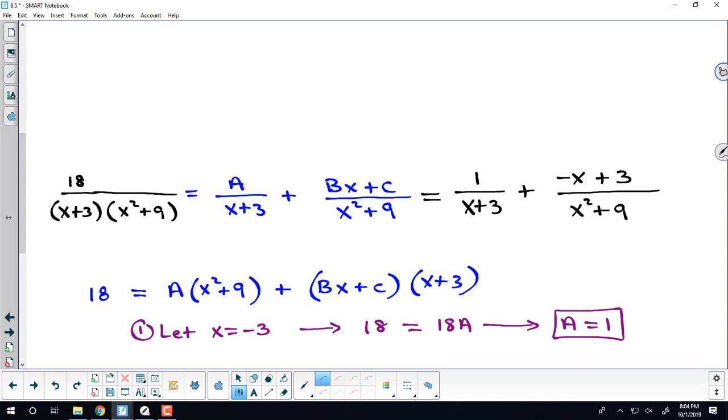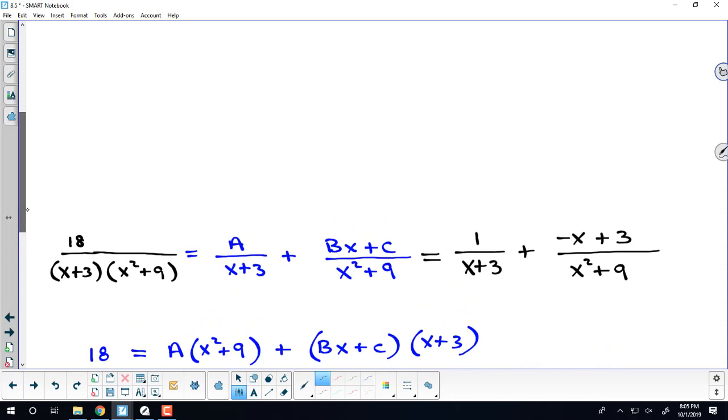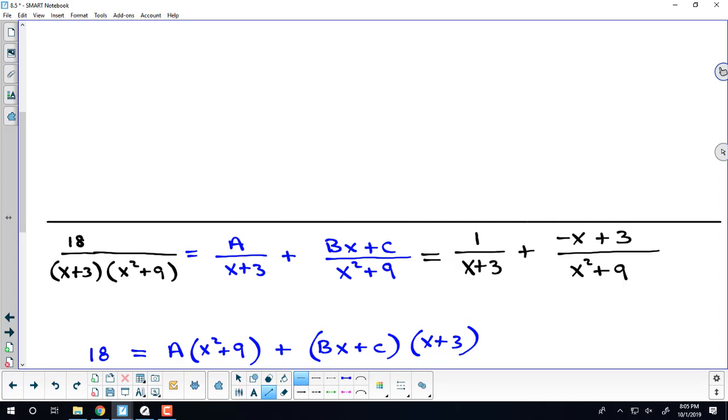So there's our decomposition of 18 over x plus 3 times x squared plus 9. All right. So that was kind of like our side work here.